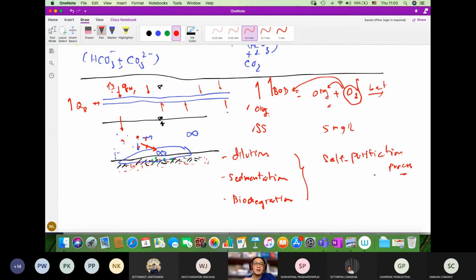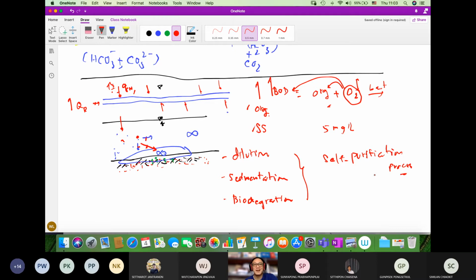If you compare Chao Phraya River, which has large volumes of water traveling by, with the Mae Ping River, which is just a small stream, especially in a northern province like Chiang Mai, the volume of water in the stream is very small.